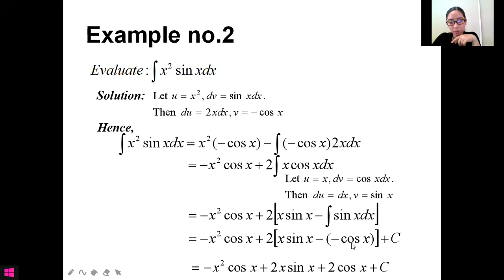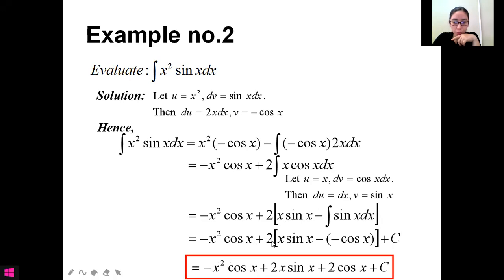Kay integral of that one is negative cos x man. So therefore, our final answer is negative x squared cosine x plus 2x sin x, tapos negative times negative will be positive. So positive 2 cos x, tapos add dahil ta sa itong arbitrary constant which is c. So now that's our final answer.